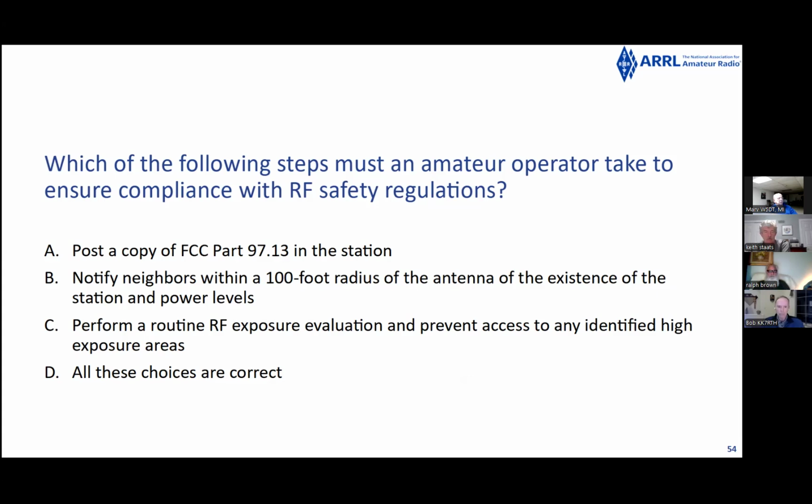Perform a routine RF exposure evaluation and prevent access to any identified high exposure areas. All these choices are correct. I'd say C. Actually, C. Perform a routine RF exposure evaluation, prevent access to any identified high exposure areas.